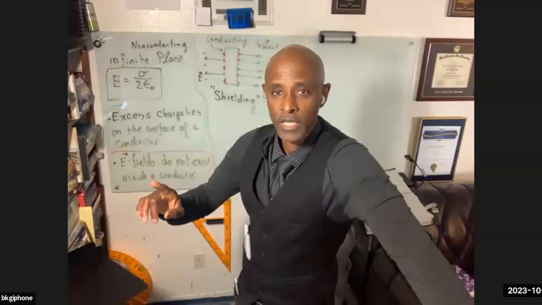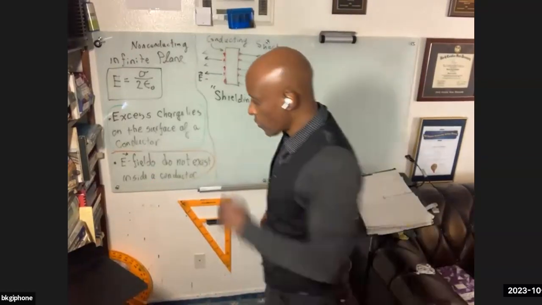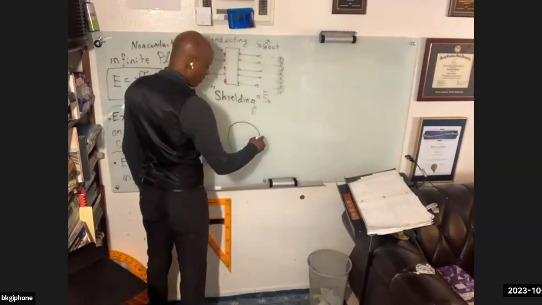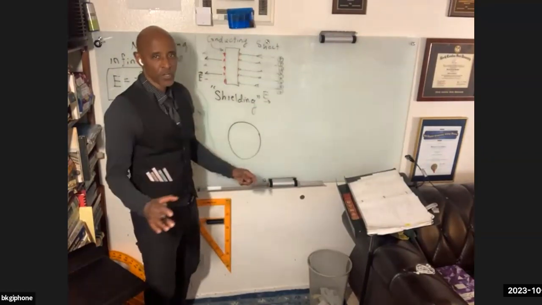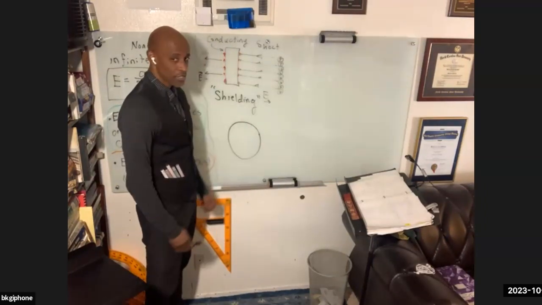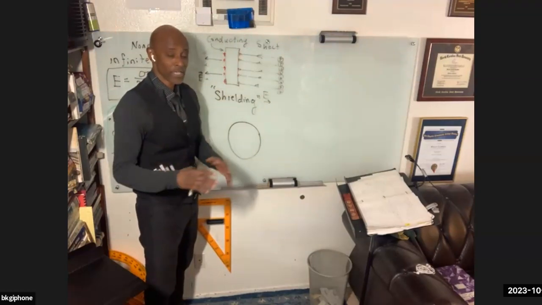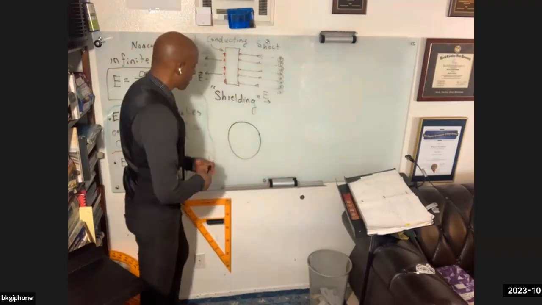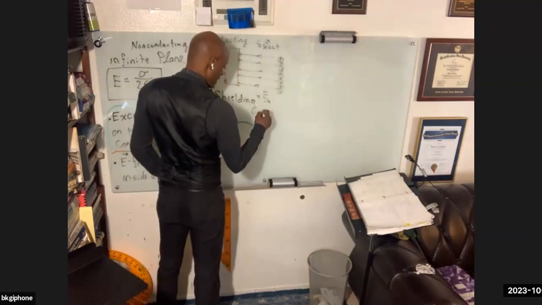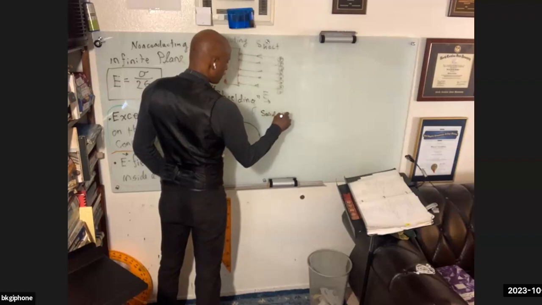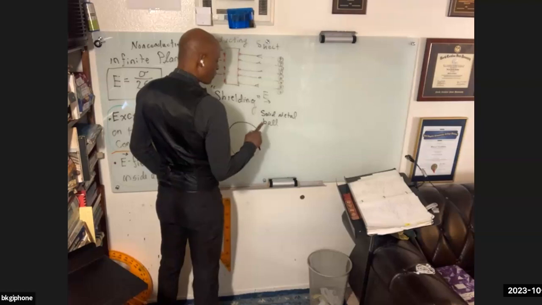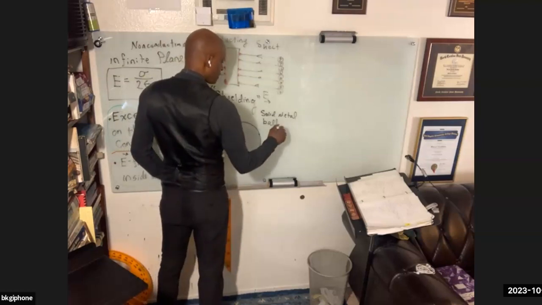Well, the first thing that we can say now is that if we have a geometrically uniform conducting sphere, a metal ball, no matter how much charge we put on it, it can only reside on the surface. We cannot put excess charge inside, even if it's a solid ball. It just can't be done. So if we assume that we have a charged solid metal ball, we can only talk about sigma, surface charge density.